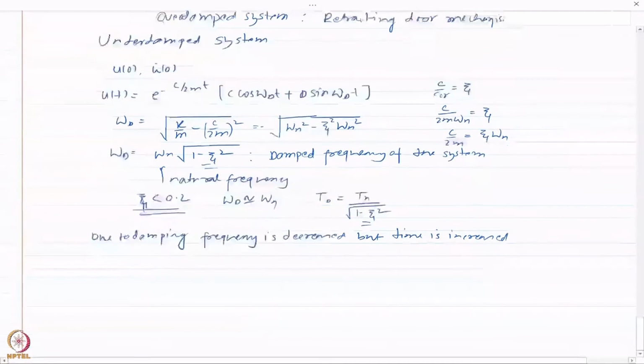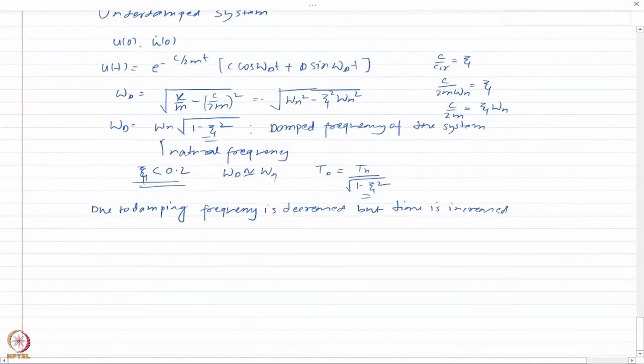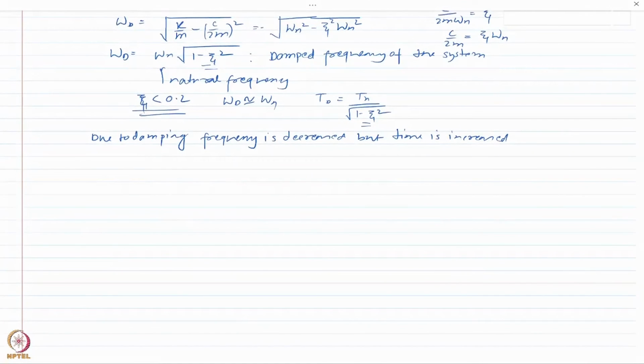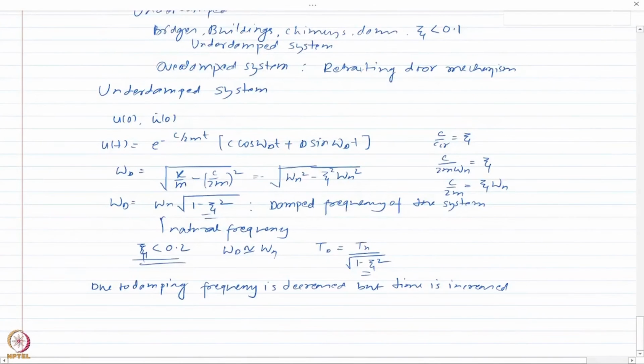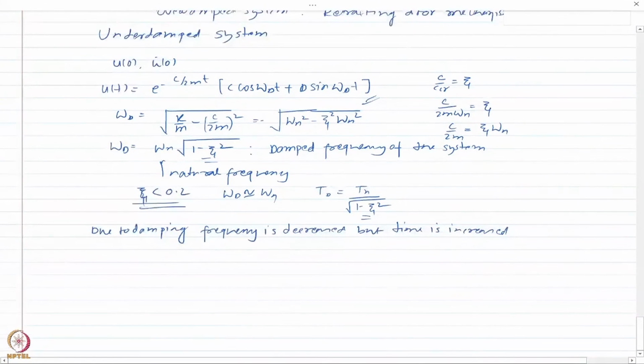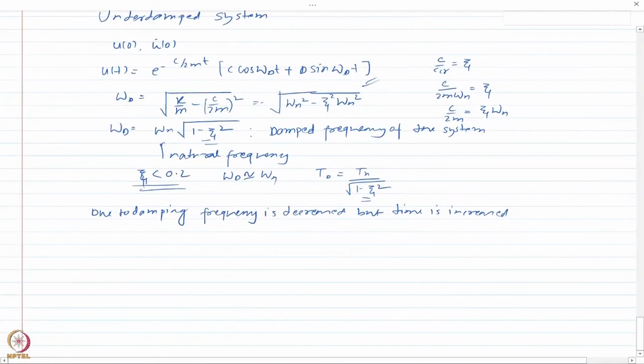But theoretically it would lengthen the time period and decrease the frequency. So let us now plot the damped response versus the undamped response. We can do that after I have solved the equation for the unknown constants. So let us do that. I have these two unknown constants.